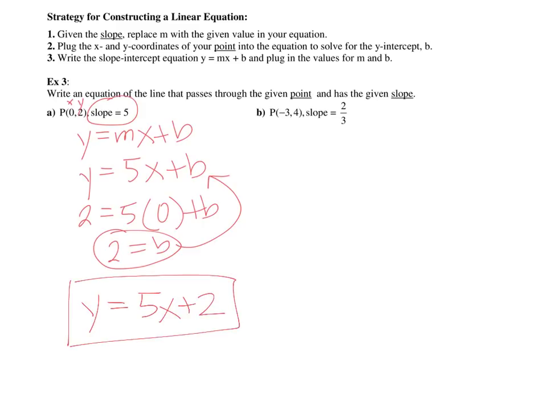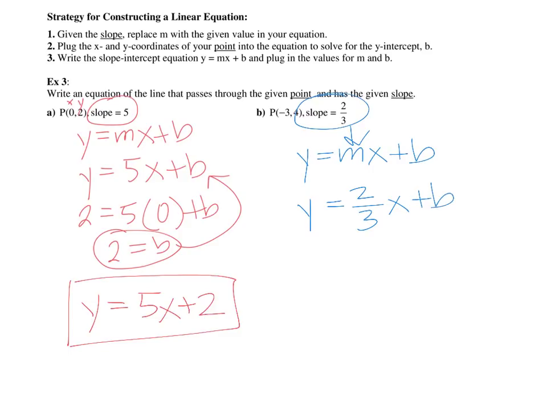For the next problem, I have y equals mx plus b. I'm going to take that slope and plug it in. y equals 2/3 x plus b. Here I have x and y, so let's plug in those values, and I have 4 is equal to 2/3 times -3, plus b. The 3's cancel out.